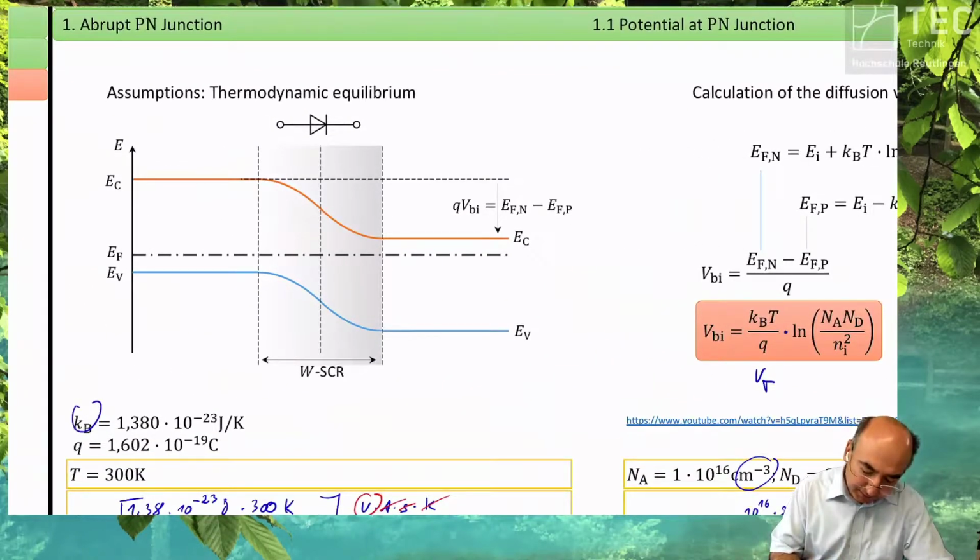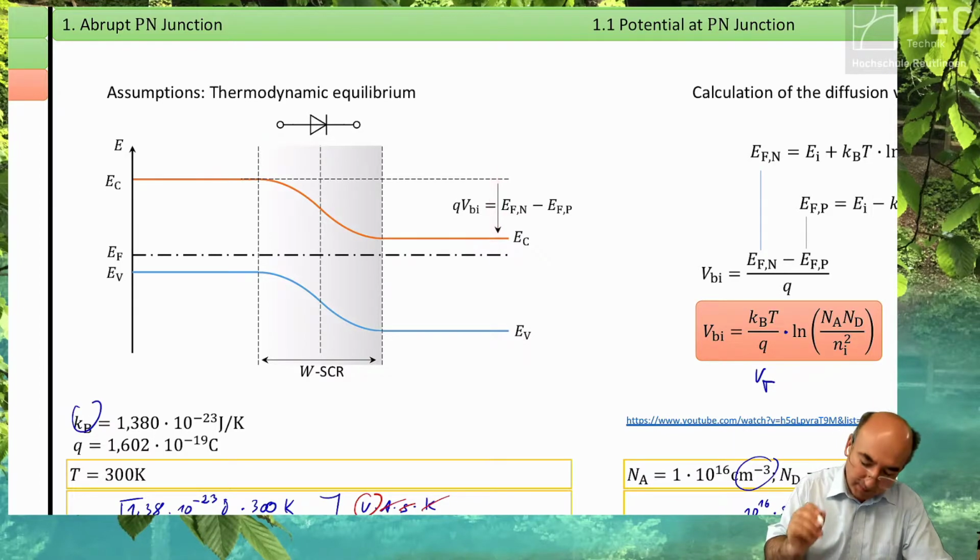I have here the majority concentration, right? And if I have here the majority carrier concentration, if I go with V built-in up, I have the minority carrier concentration.